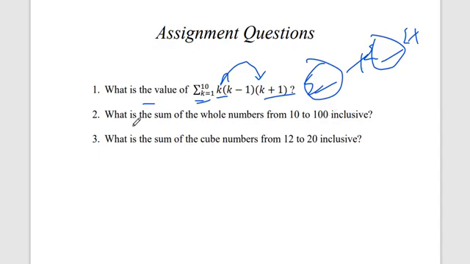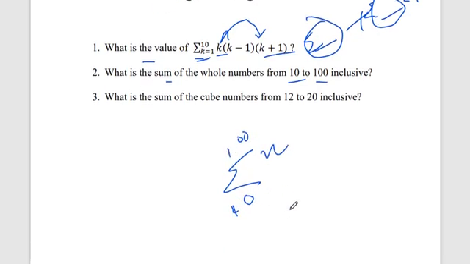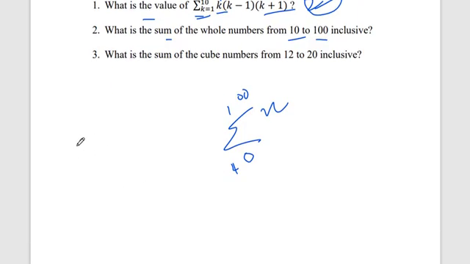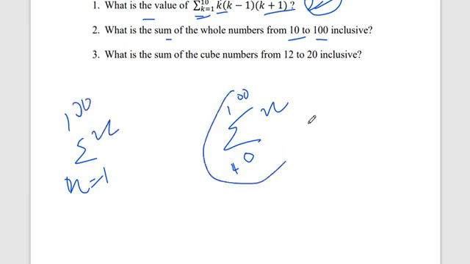Second question: what is the sum of whole numbers from 10 to 100? They have given a summation from 10 to 100 of whole numbers. How do we calculate? We know that for n is equal to 1 to 100 we can find it with the help of the shortcut. But how do we find this type of example? It's easy.